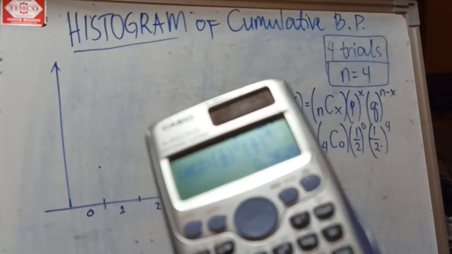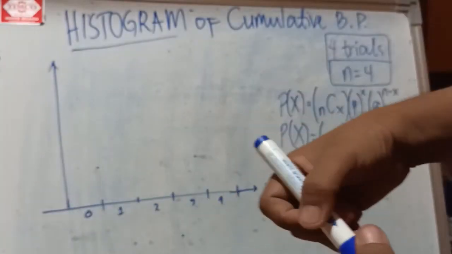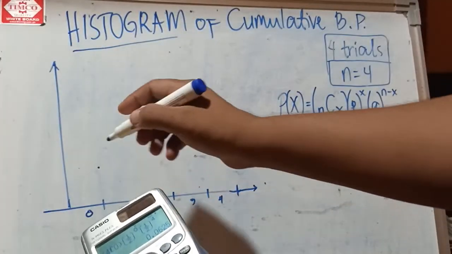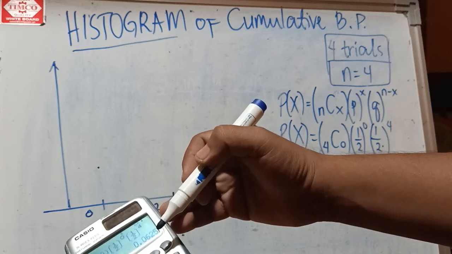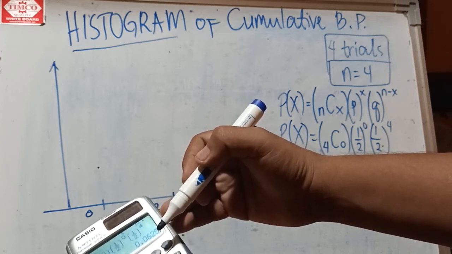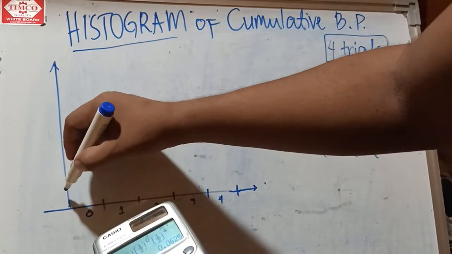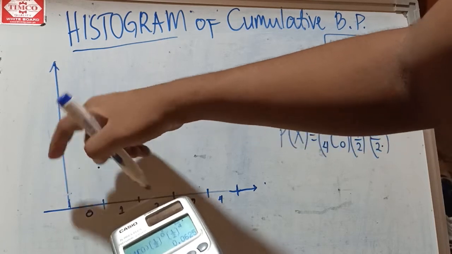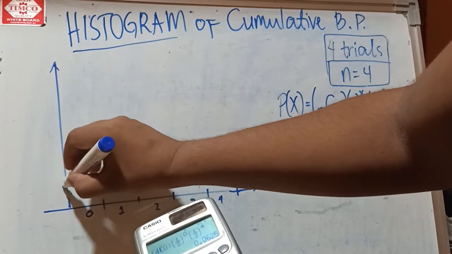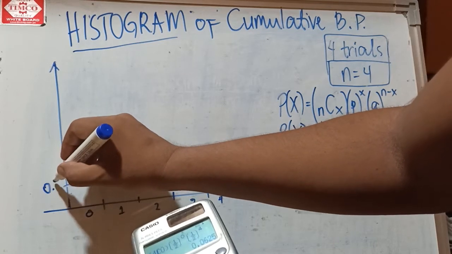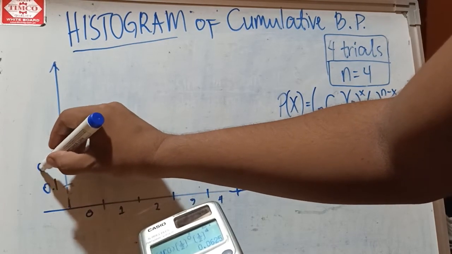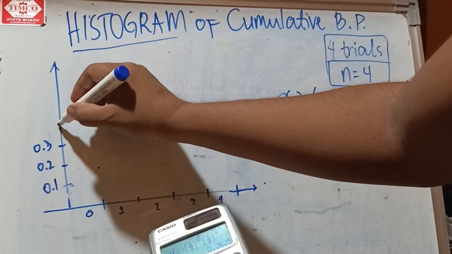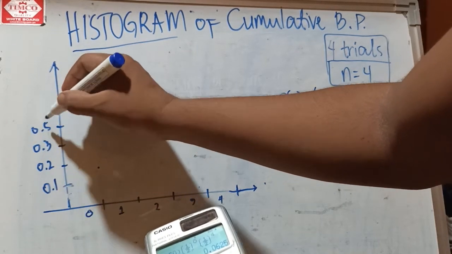0.0625. So here on the y-axis, going upward, we make a gauge like: let's say 0.06 here, 0.1 here, 0.2 here, 0.3 here, 0.5.